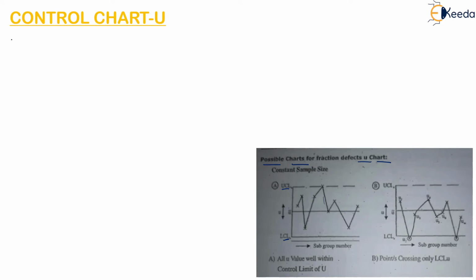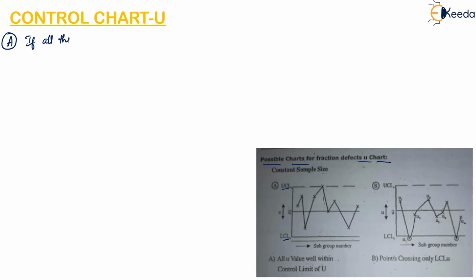So for the first figure A, if all the points are well within the control limit of U as shown in this figure, then the process is in control and the fraction defect, that is U bar, and the control limits for U themselves are revised and recommended as the process average and control limit for future.